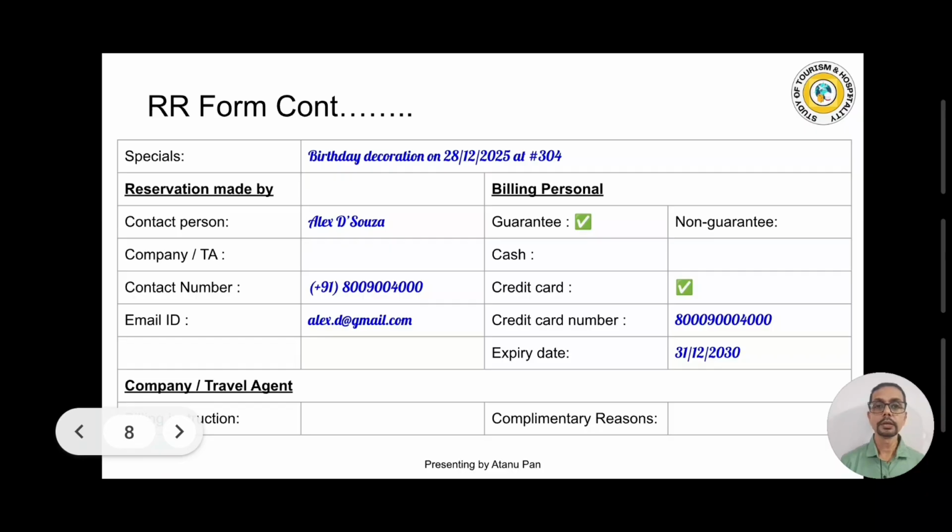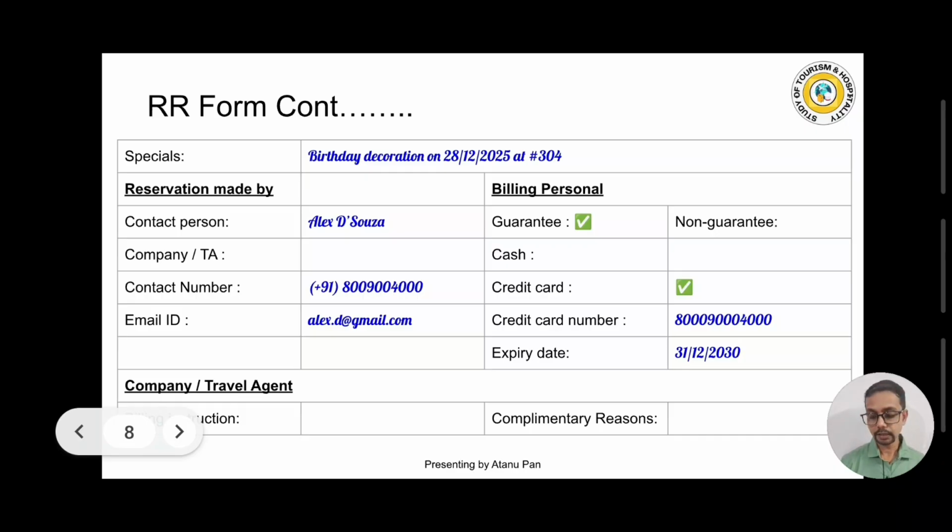Below we can see, if the reservation is made through any agent or company, we will mention the details below. And if we are providing a complimentary to anyone, definitely the reasons should be written there. So these are the things we discussed, the things we use nowadays. The four things: the first one is RSB, room status board.